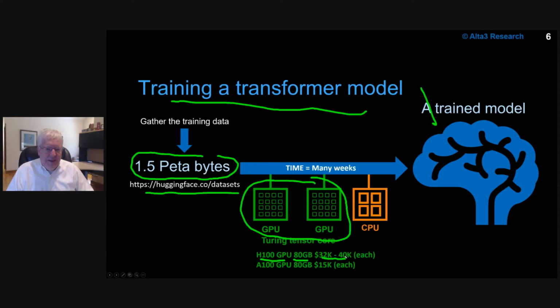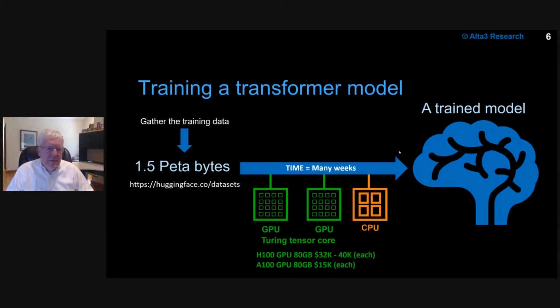Yeah, it's really expensive, but training is a lot of work, and arguably the most work. But the results, after many weeks or arguably months of time, we wind up with a fully trained model. But let's move on, because I already said, don't do that.